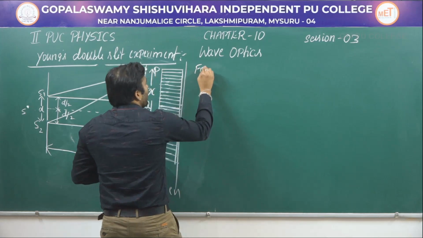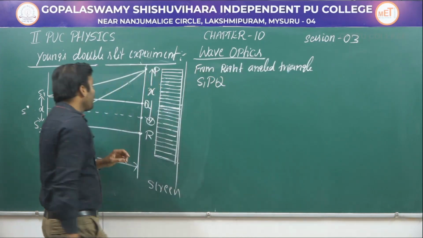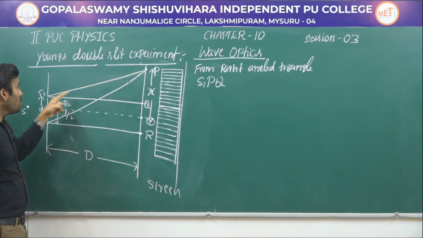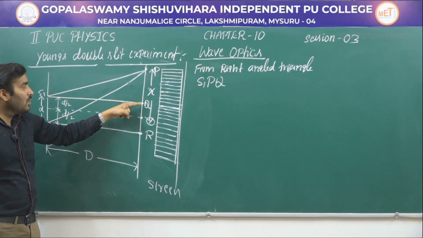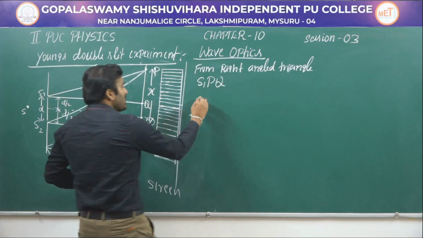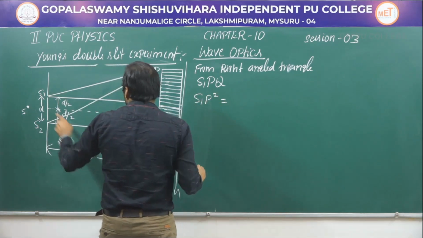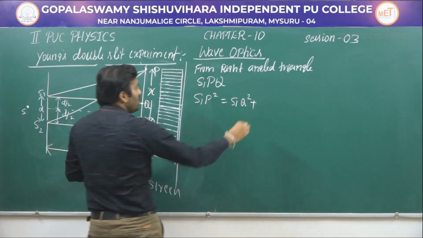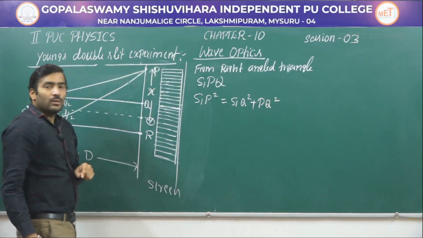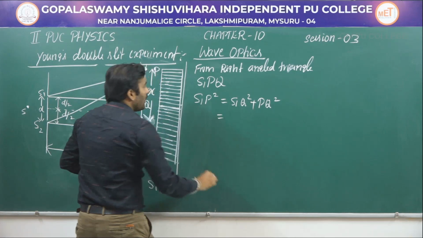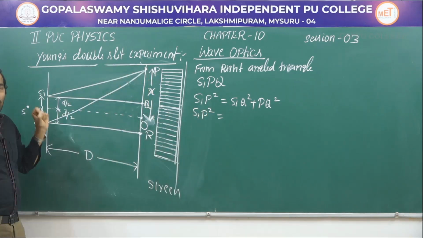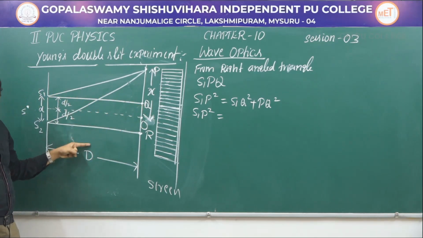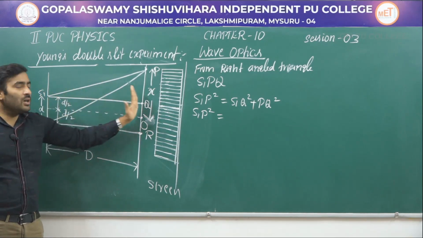From the right angled triangle S1PQ, S1P square should be equal to S1Q square plus PQ square, correct? Let us write this: S1P square is equal to S1Q square plus PQ square. If you observe the diagram, from S1 to Q the distance is nothing but the capital D, the distance between the slits and the screen.